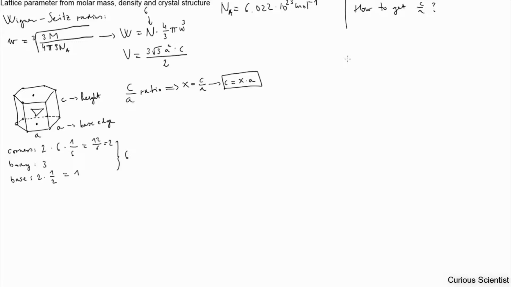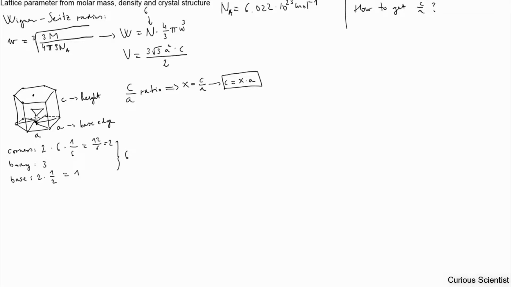But yeah, basically we would like to know how to get this c over a. So you see that this base can be constructed by 6 equilateral triangles here.